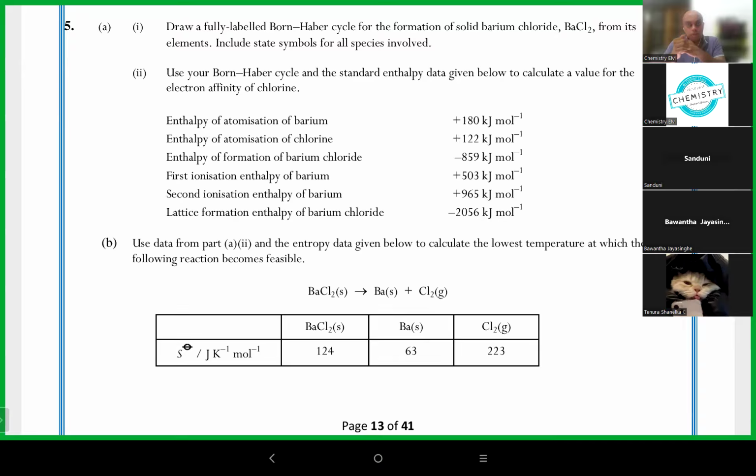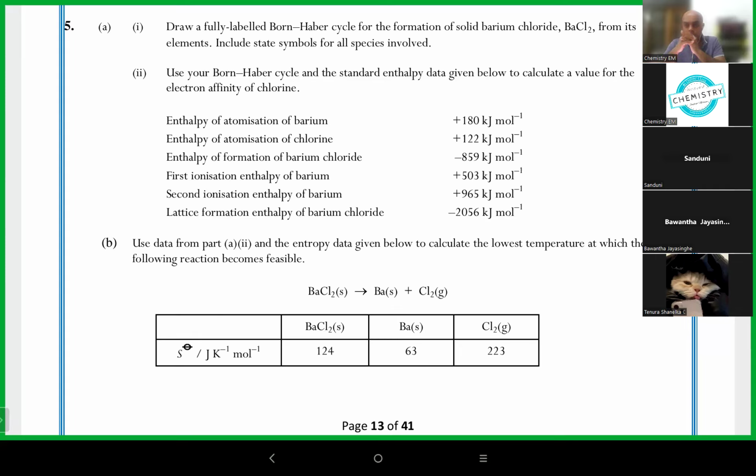Atomization of barium, atomization of chlorine, formation of barium chloride, first ionization enthalpy of barium, second ionization enthalpy of barium, lattice formation enthalpy of barium chloride. So these are the information given, right?